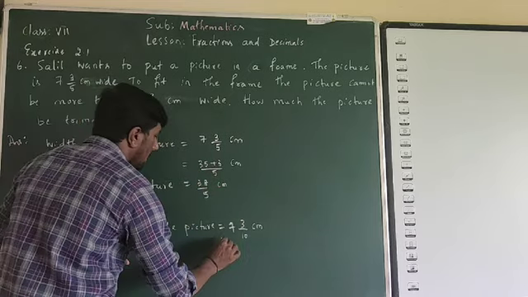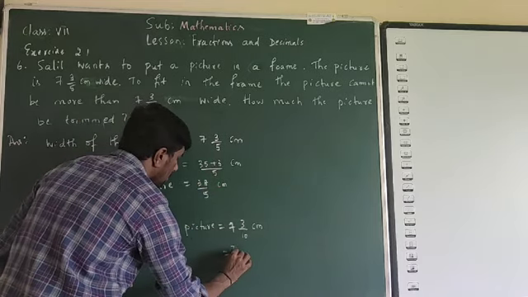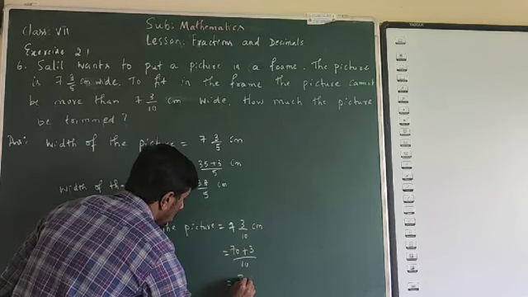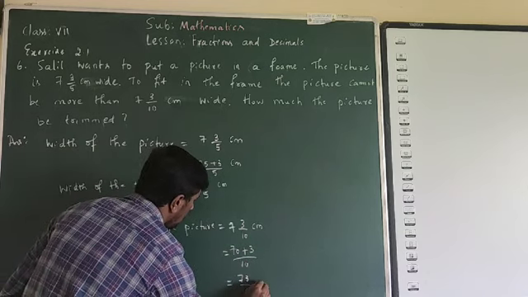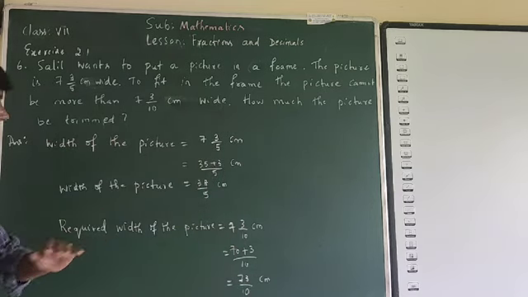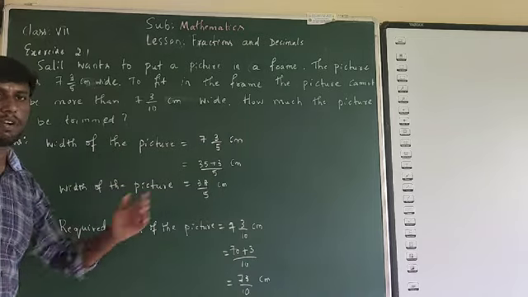Now, let me bring it to an improper fraction. So, 10 tens are 70, plus 3, divided by 10. So, this is 73 by 10 centimeter. Now, this is the required width of the picture. But the width of the picture is 38 by 5.